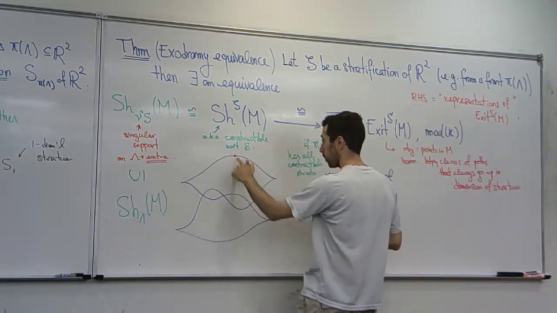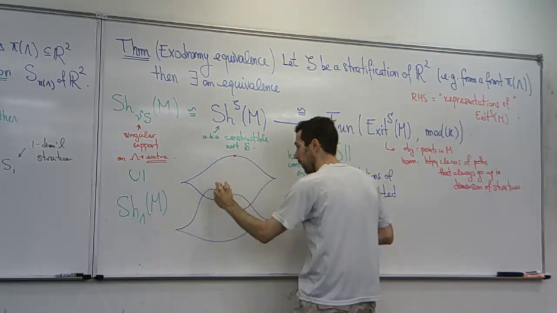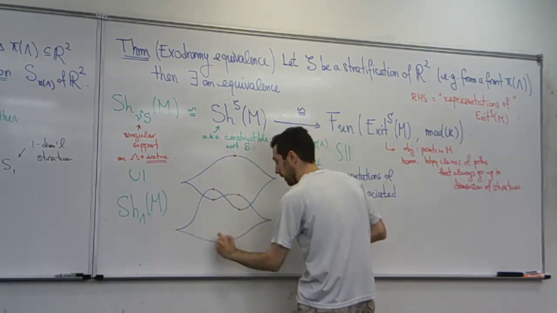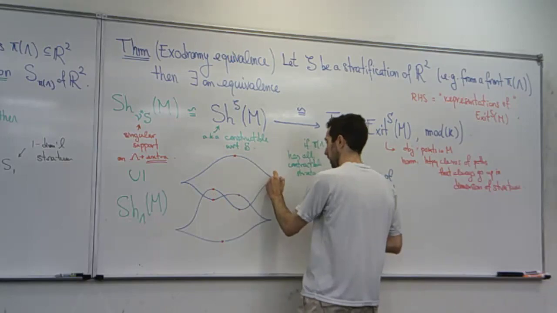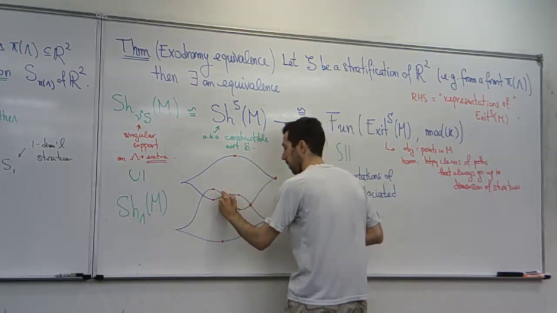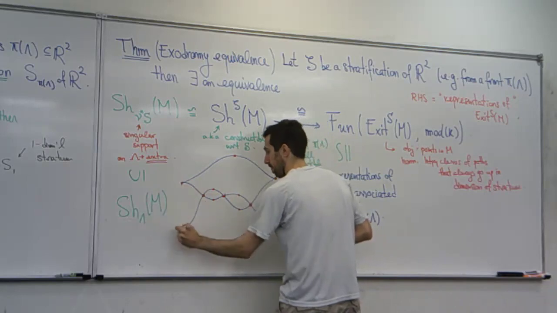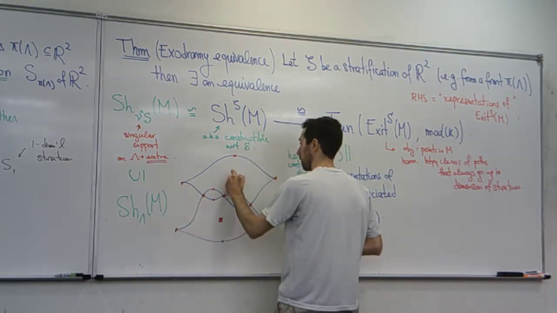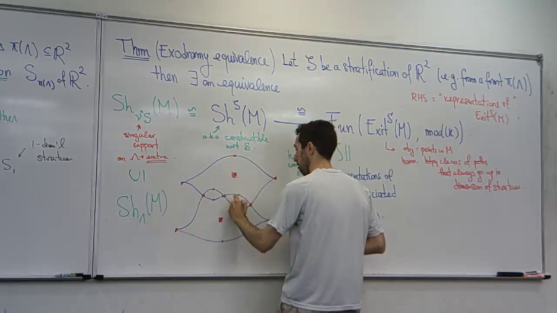Okay, so we're going to choose one element per stratum. So each of these is going to have its own element in here. And then there's also going to be the dots, the zero-dimensional strata. And then there's going to be the big strata, the squares.